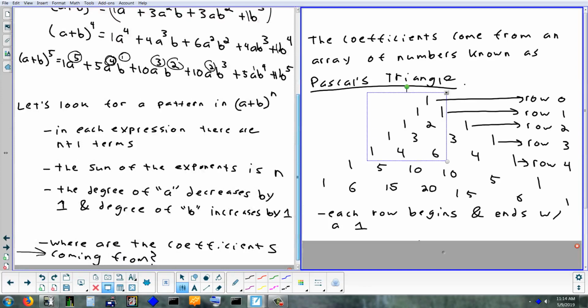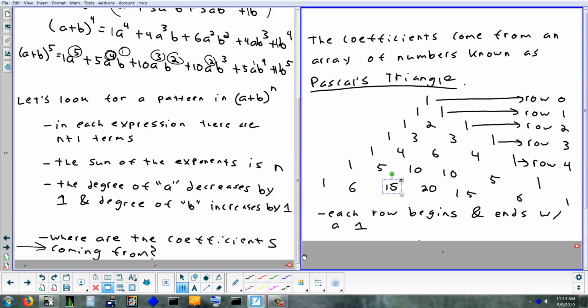So how does Pascal's triangle work? Where is this 15 coming from? Yeah, 5 plus 10. It's the sum of the two numbers that are above it. 1 plus 5 is 6, 4 plus 6 is 10, 3 plus 3 is 6. That's how you're getting your triangle.